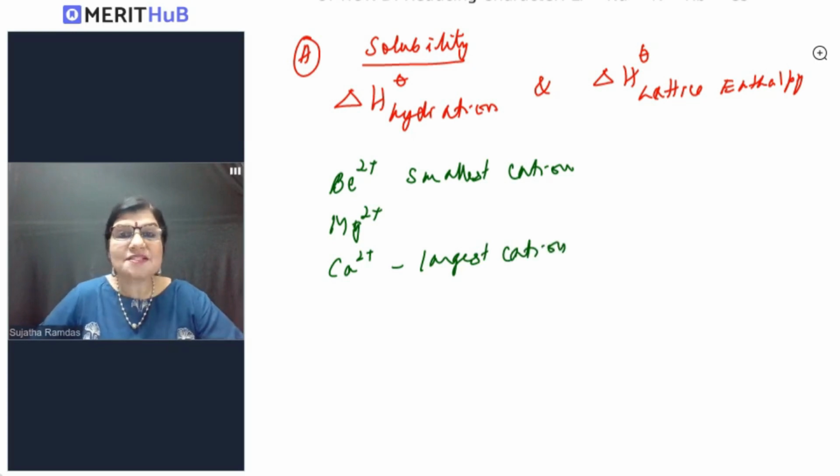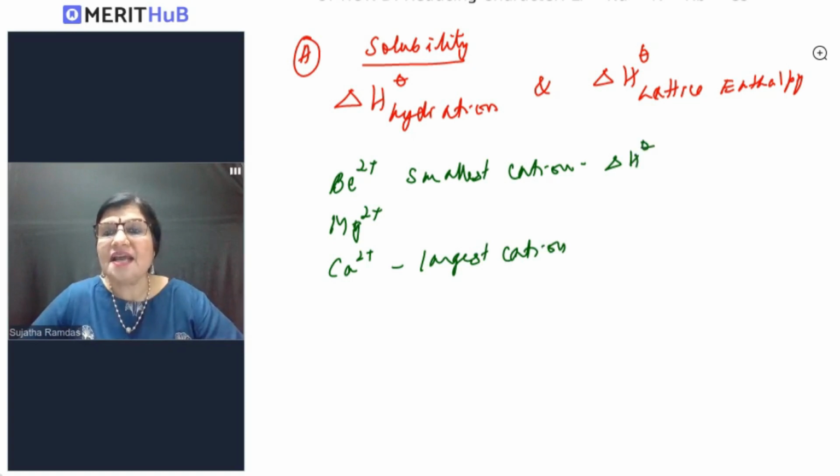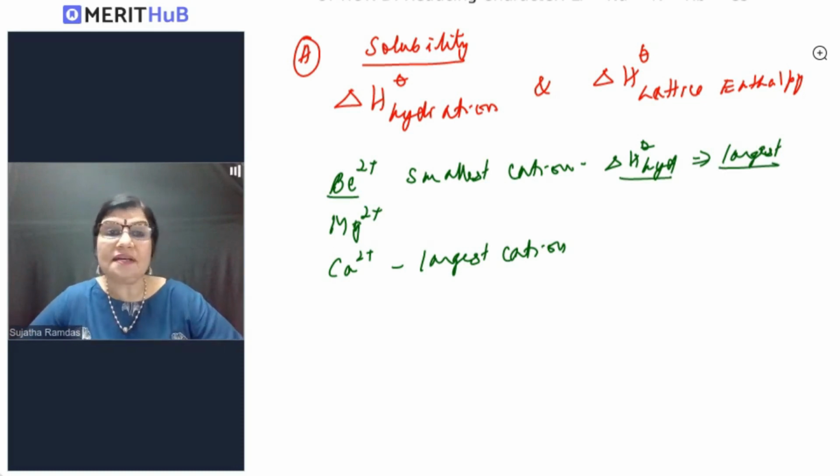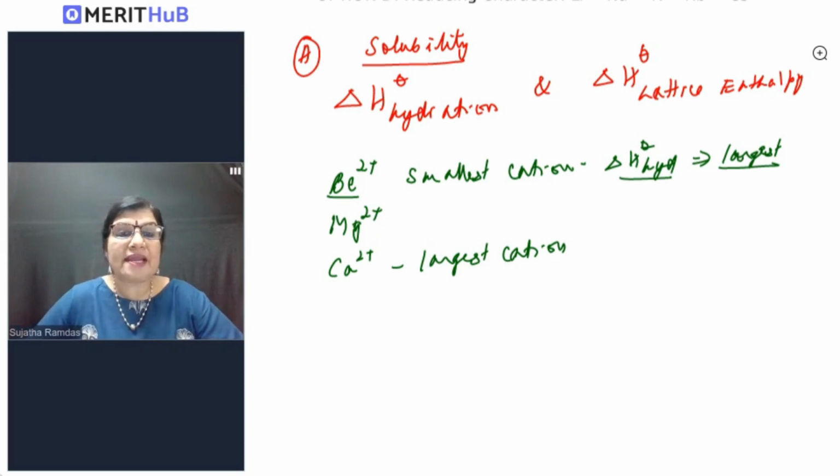Based on the size of the ion, beryllium will have the highest hydration enthalpy. Most energy is released when the beryllium ion is surrounded by water molecules. So hydration enthalpy is the largest for the beryllium ion.